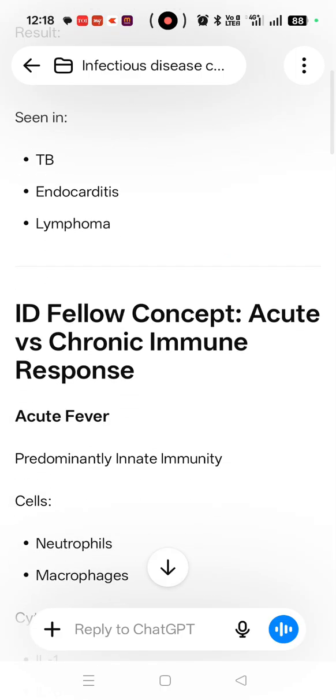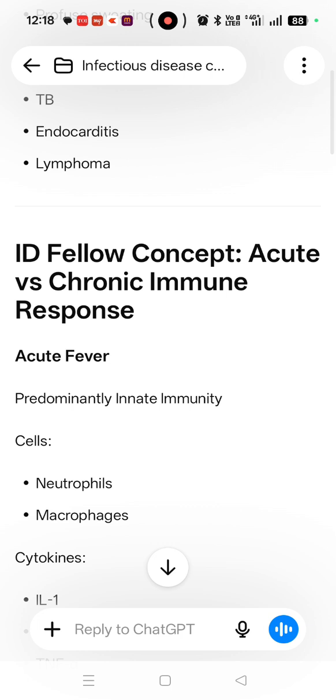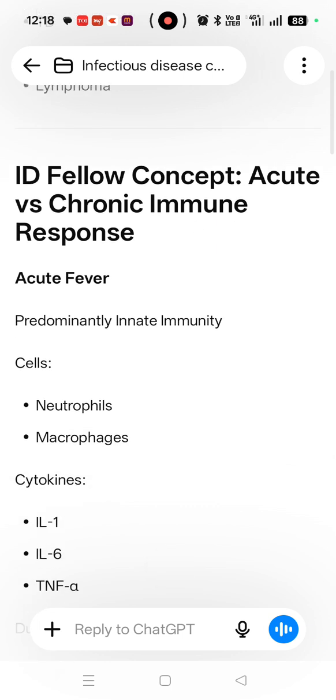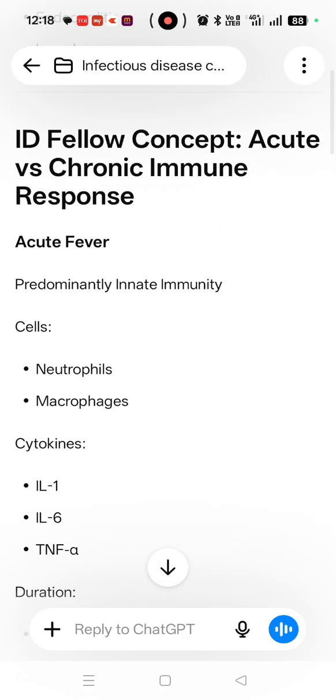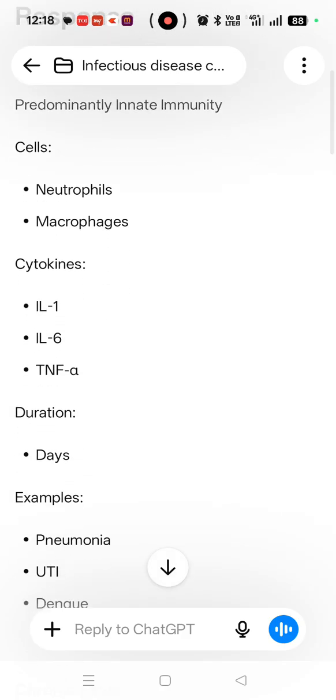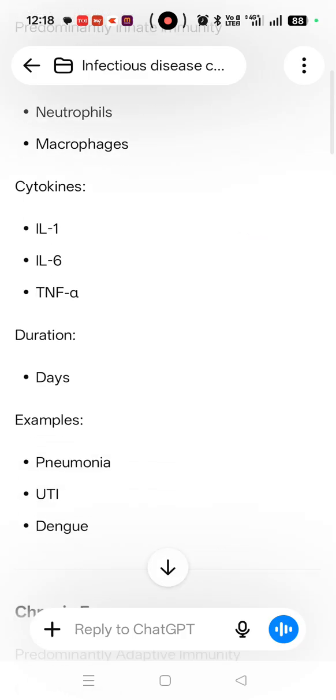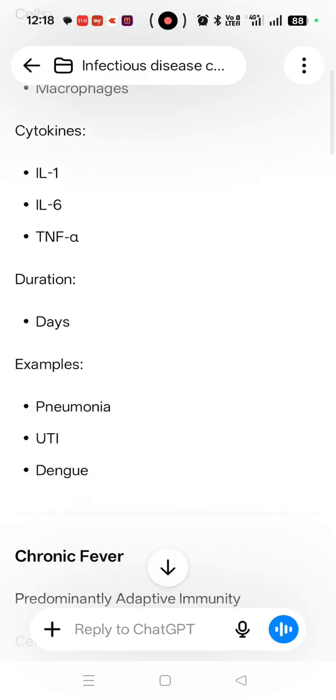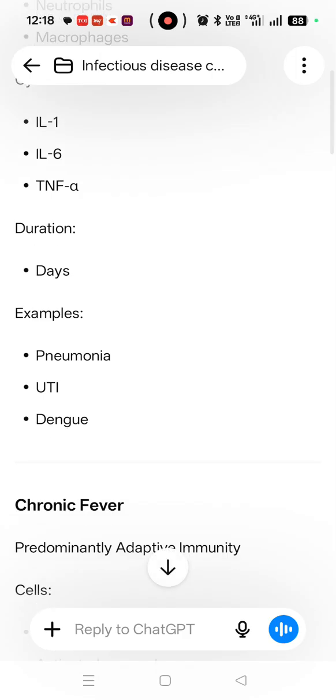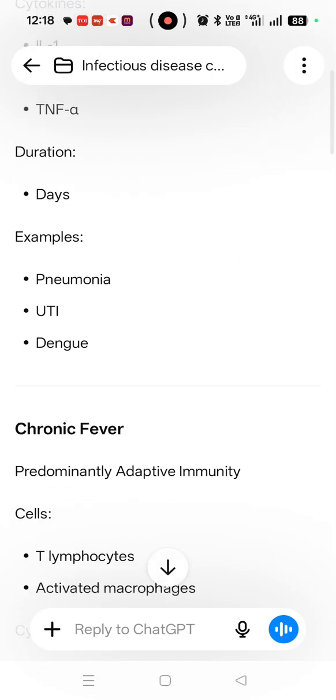So here the concept is acute versus chronic immune response, that in acute fever predominantly innate immunity plays a role. Cells are neutrophils and macrophages. Cytokines are IL-1, IL-6, TNF alpha. Duration is in days, and examples may be pneumonia, UTI, and dengue.